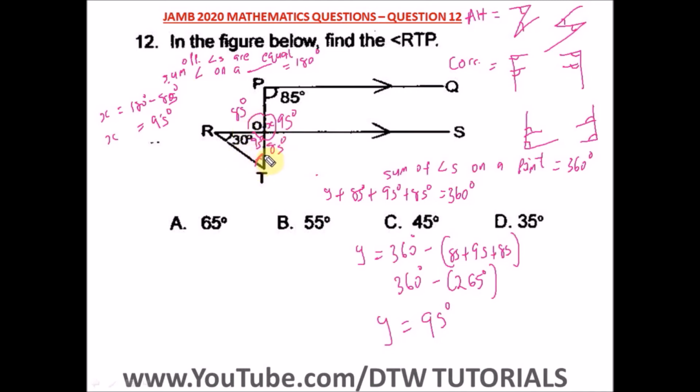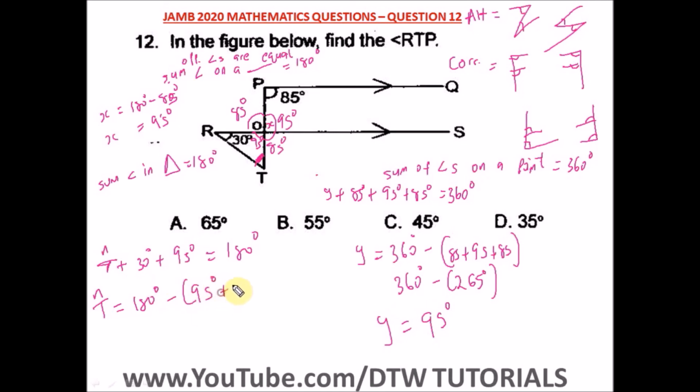Now to find angle RTP, remember that this is a triangle, and the sum of angles in a triangle is equal to 180 degrees. So the angle at T plus 30 degrees plus 95 degrees is equal to 180 degrees. So the angle at T is equal to 180 degrees minus (95 plus 30) degrees.